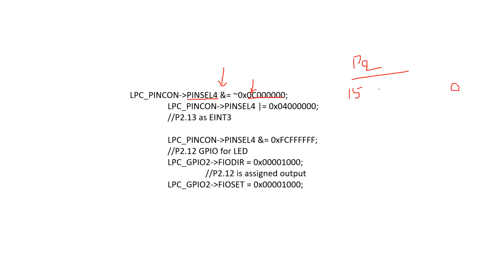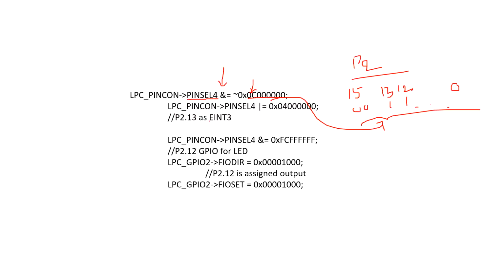Our job is to program only 13 and 12. If I make this only as 1, the rest all will be 0, and then I will be getting the number 0C 00 00 00.